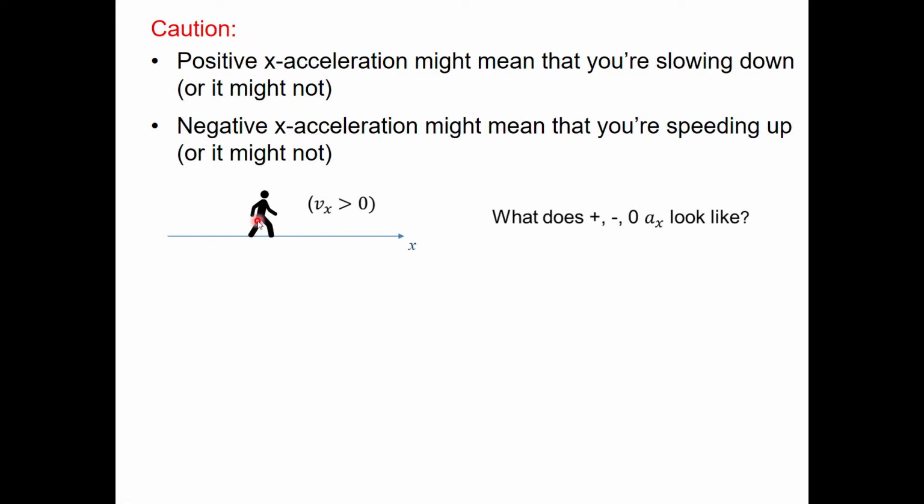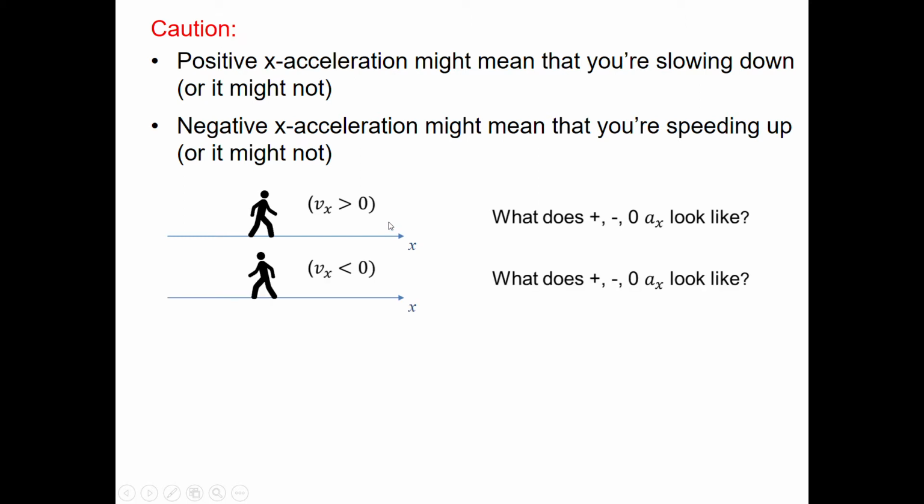It means that you're going faster and faster in the positive x direction. And negative x acceleration kind of means what you'd think it would mean. You're moving in the positive x direction, but you're going more and more slowly as time goes on. And zero x acceleration just means you're moving with a constant velocity in the positive x direction. So those aren't too confusing.